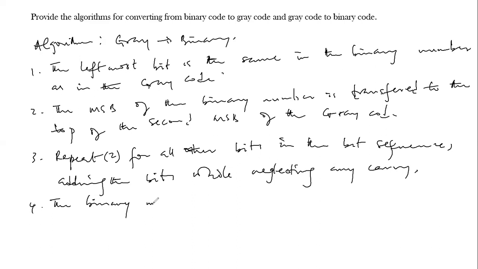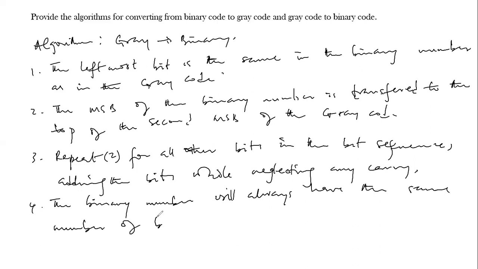The binary number will always have the same number of bits as the gray code. See, that's it. That's simple. So what other question do we have now?